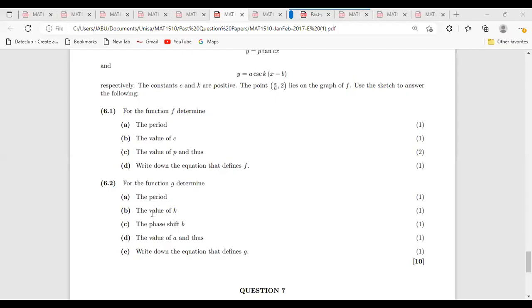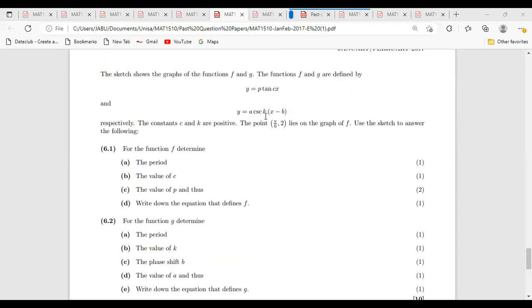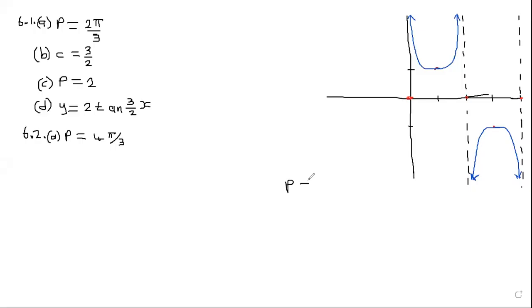We found the period. Now we need to find the value of K. And the value of K has to do with the period. So that's what we are going to look for. We know that the period for a cosecant graph is 2 pi over K. And now we are looking for K. But we know the value of the period is 4 pi over 3.